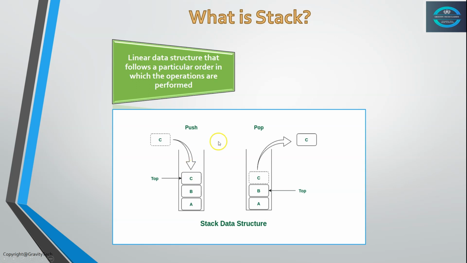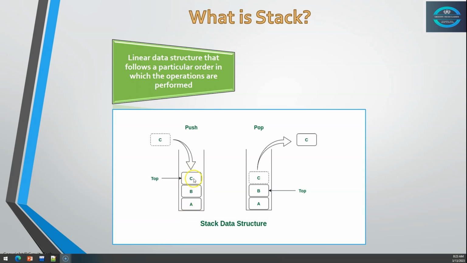Now, when you want to take out the elements, you cannot remove or delete B and A unless you remove the element C. If you want to delete any of the elements from the stack, you need to remove it from the top only. So if you want to remove the element A, you will first remove C, then you will remove B, and then you will remove A. What does that mean?